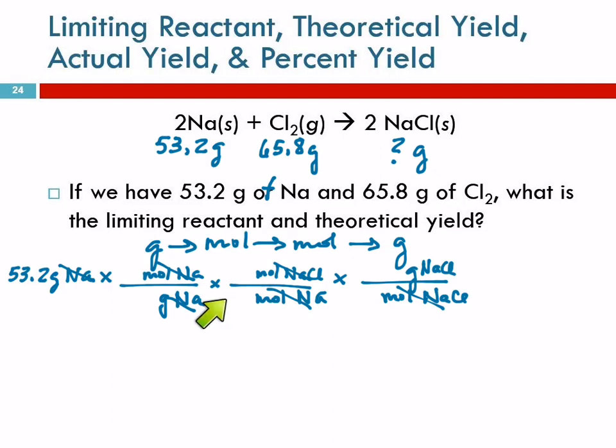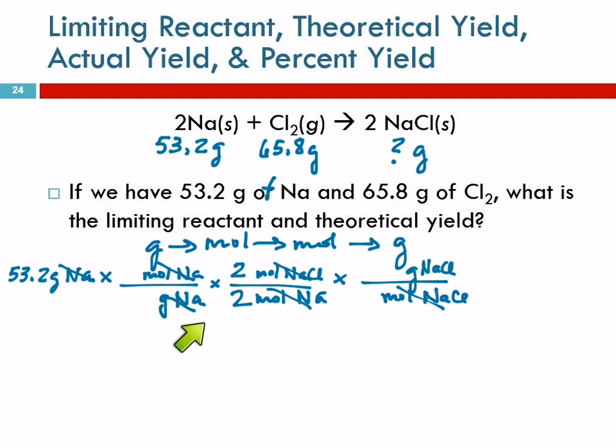The middle term is the easy one. The numbers here come from the balanced chemical equation. We have moles of NaCl, so we find that in the equation. It's got a coefficient of 2. It's going to have a 2. And sodium has a coefficient of 2. We've got sodium down here in the bottom, and so that needs a 2.